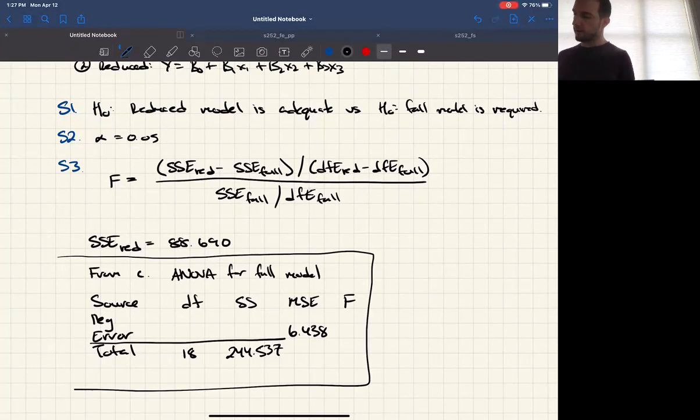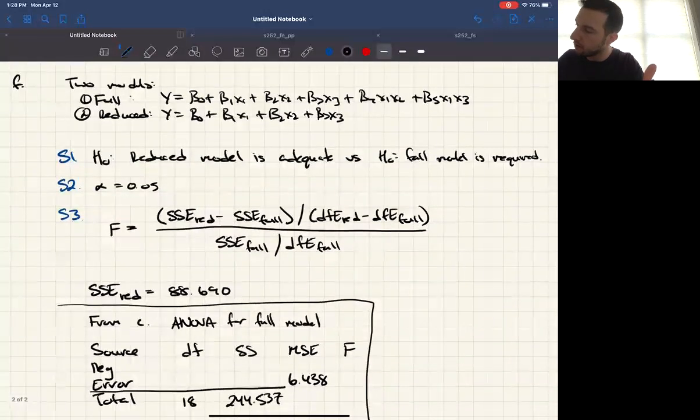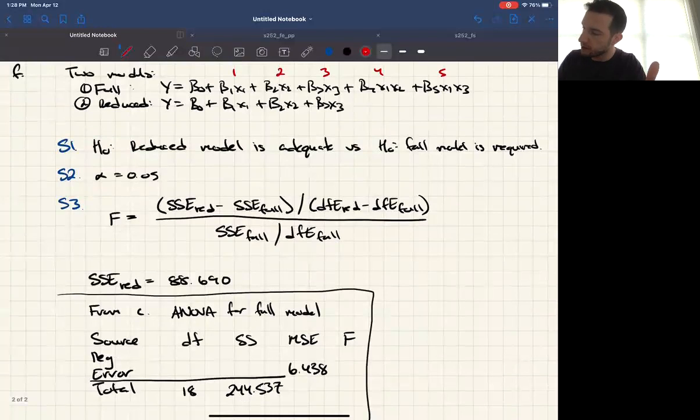All right, so our full model has 1, 2, 3, 4, 5 explanatory terms in it. So our regression DF is going to be 5.